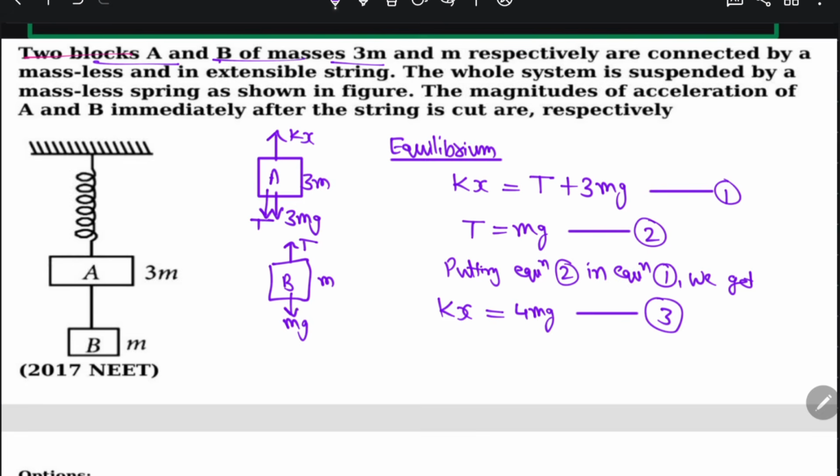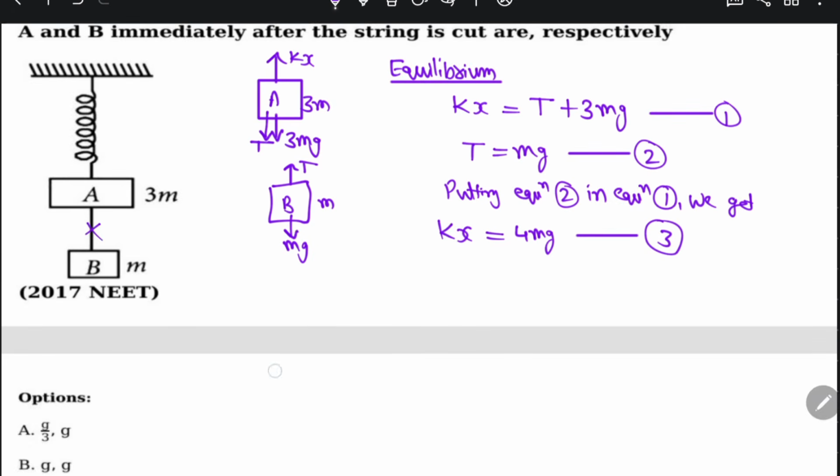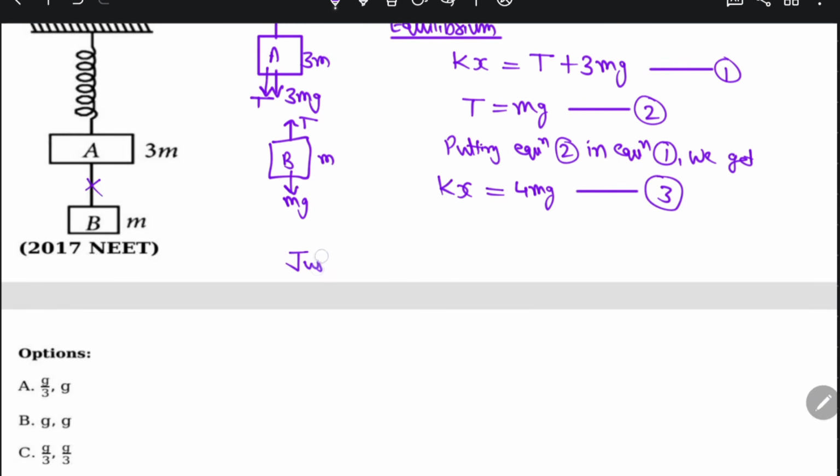The magnitude of acceleration of A and B immediately after the string is cut are. If I cut the string, just after cutting, tension is equal to 0. Then what is going to happen? F net is equal to mass into acceleration. So what is going to happen here?